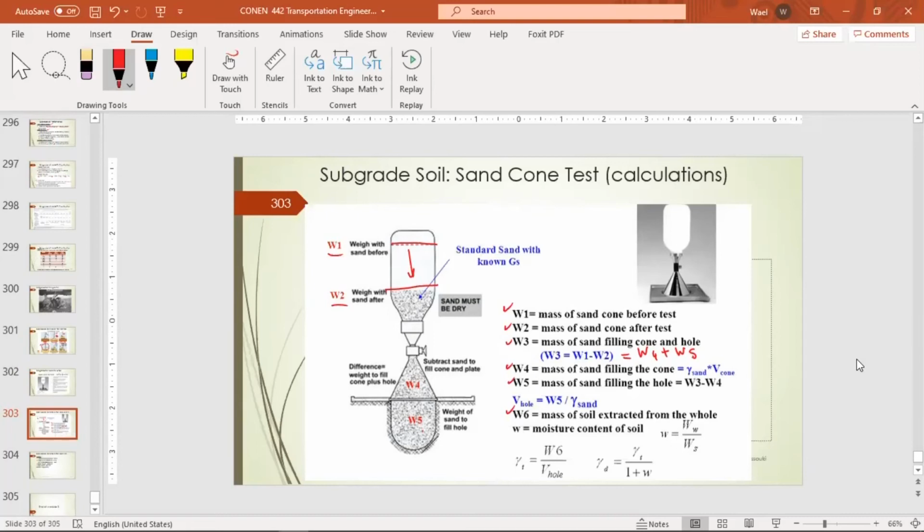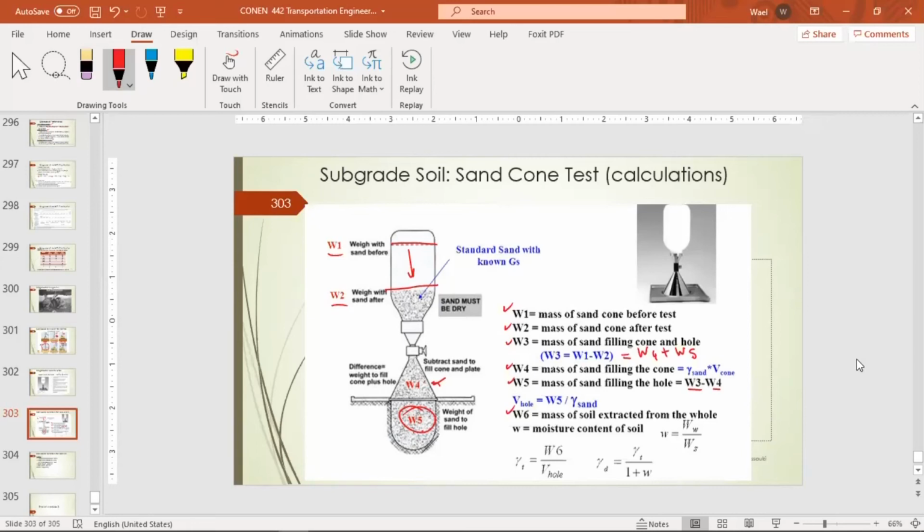Okay, so we know the volume of the cone, so we can multiply gamma sand by V cone, and we get W4, and from W3 we subtract W4. So we end up with the weight W5. We divide W5, the weight of the sand in the hole, by gamma sand, and we get the volume of the hole.